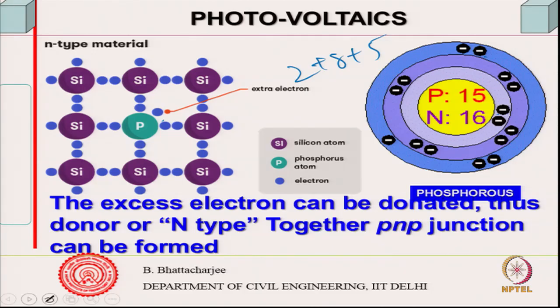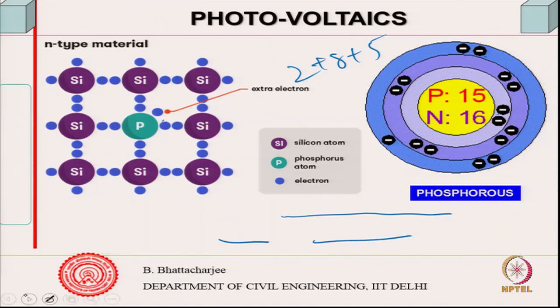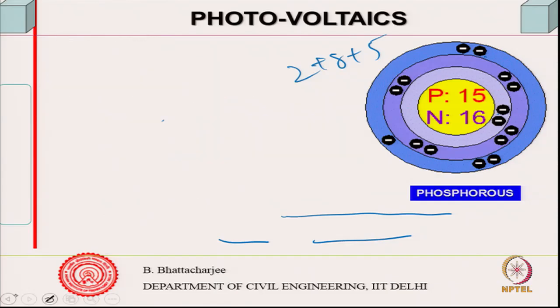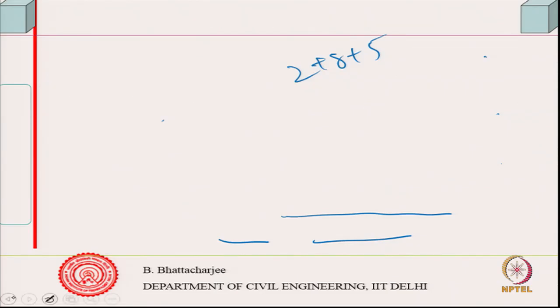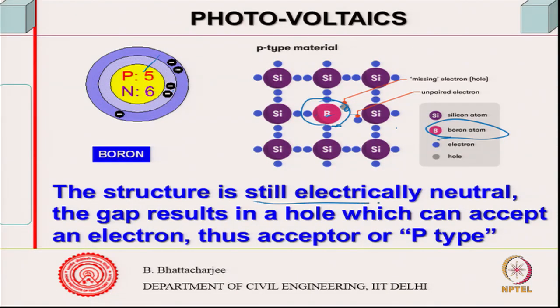In the case of phosphorus it is the other way around: it has an excess electron which it can lose easily. This excess electron can be donated, so this is called a donor, or N type, and the previous one is called P type. The structure is electrically neutral, and the gap results in a host which can accept an electron, called an acceptor.